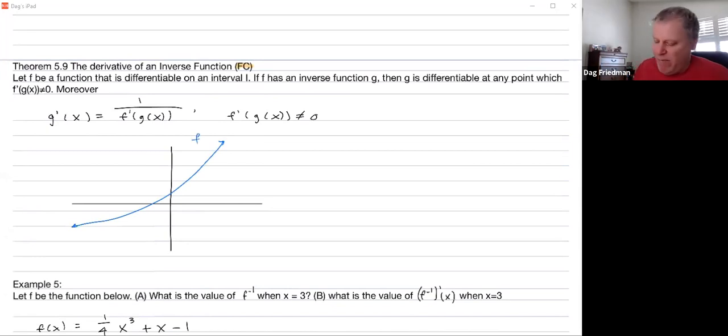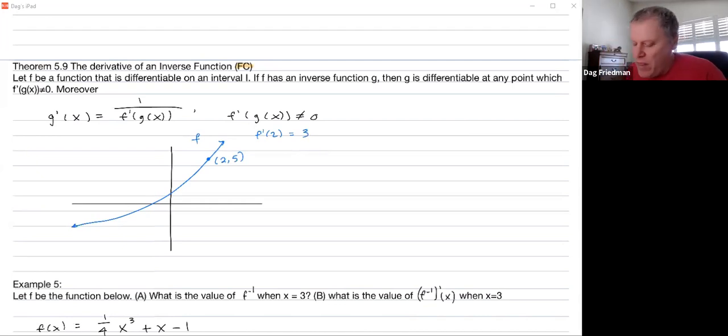Importantly, maybe f contains the point (2, 5), and f'(2) equals, I'm going to make this up, we'll just say 3.